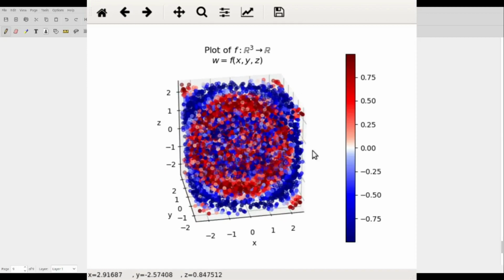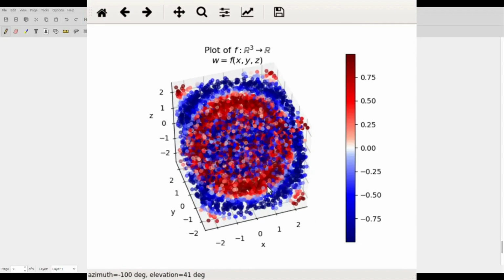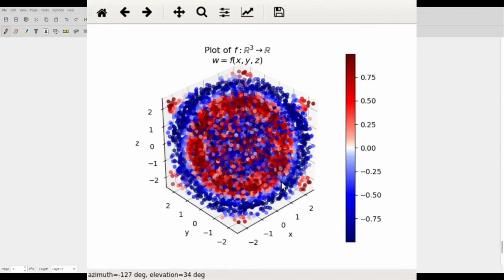So the spheres are the constant levels, and as we move away from the origin, we're getting a cosine behavior, where near the origin we're close to 1, and we move away from the origin a little bit, and we're close to -1, and so on and so forth, going up and down on spheres as we move away from the origin.